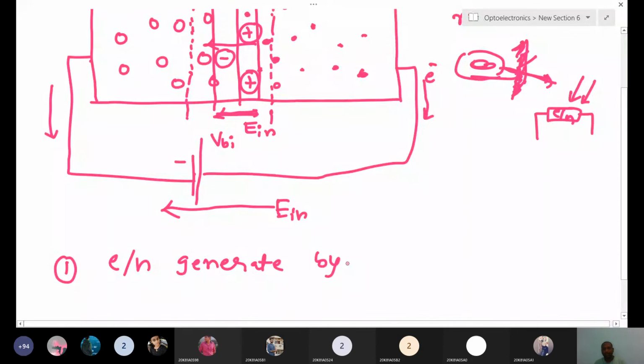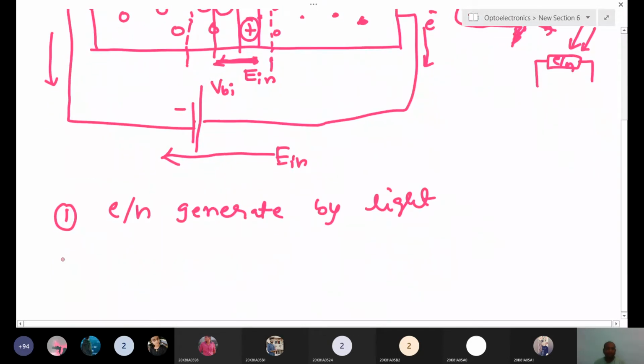Okay, what we are doing: we have taken a PN junction and connected it in reverse bias. After that, using light, we create electron-hole pairs. Second, after generation of these electron-hole pairs, we have to separate them.